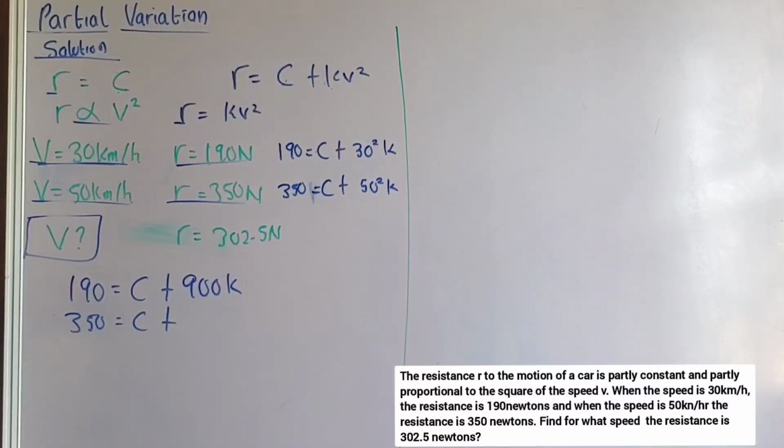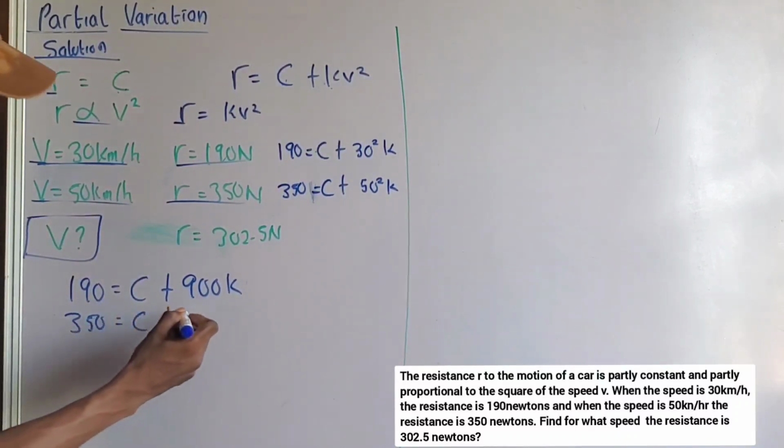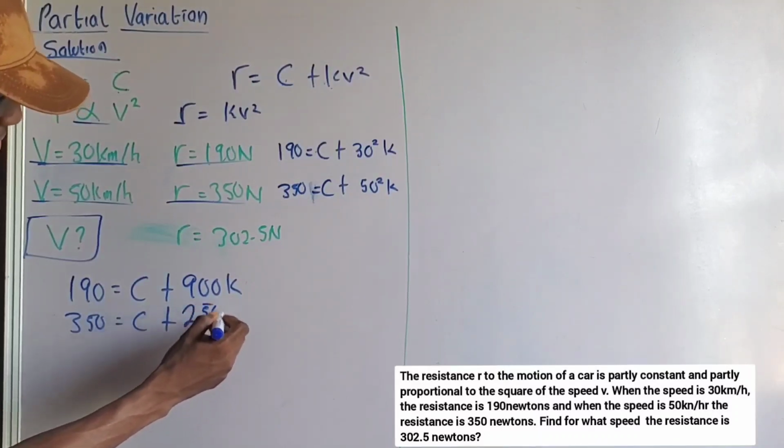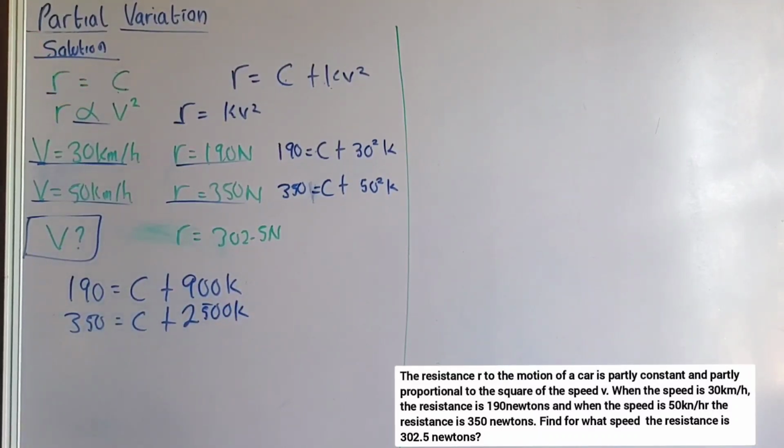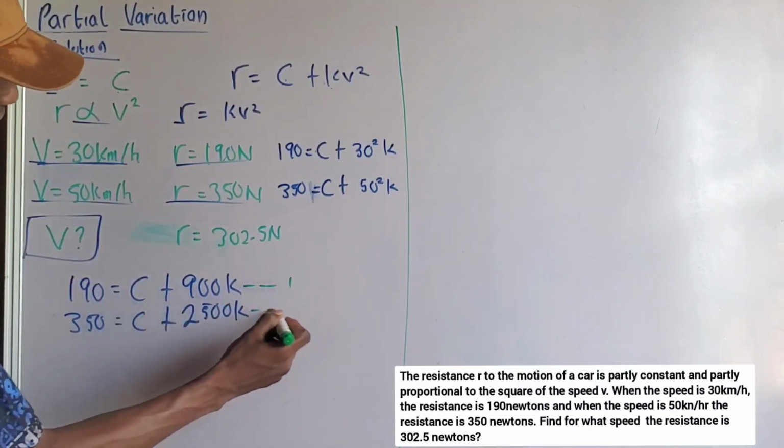If you take the square of 50, that is 50 times 50, you are going to have 2500. Now you can call the first equation equation 1, and the second equation equation 2.